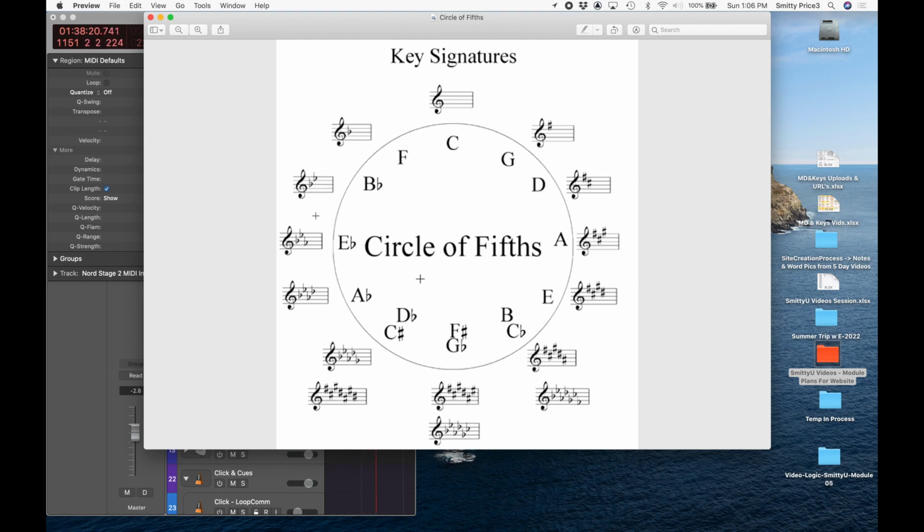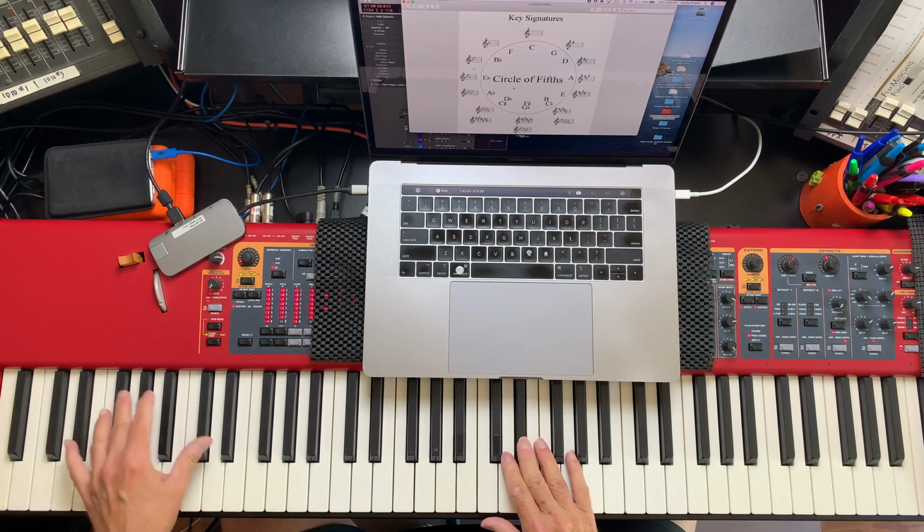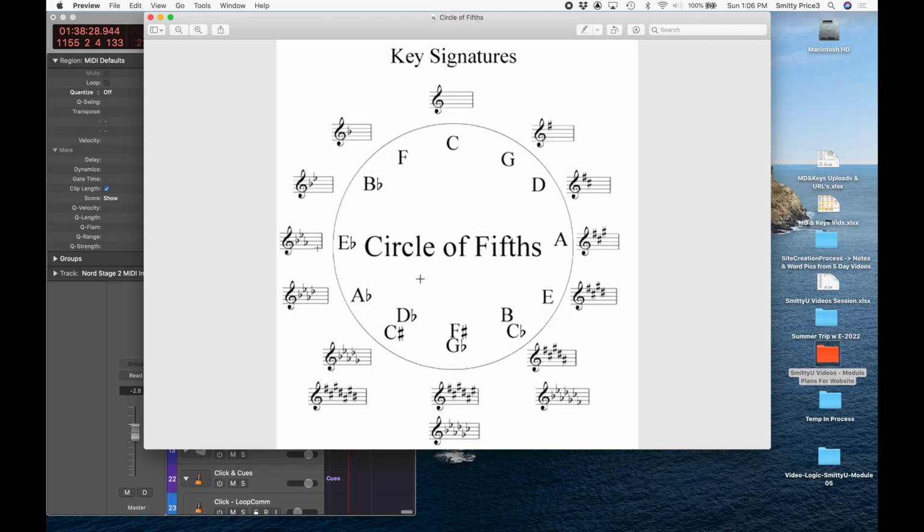We keep moving around, and up 4, a perfect fourth up from B flat, 1, 2, 3, 4, takes us to E flat. This key right here. That helps us find the most closely related. Remember, we went up a fourth over on this side of the circle for flats.